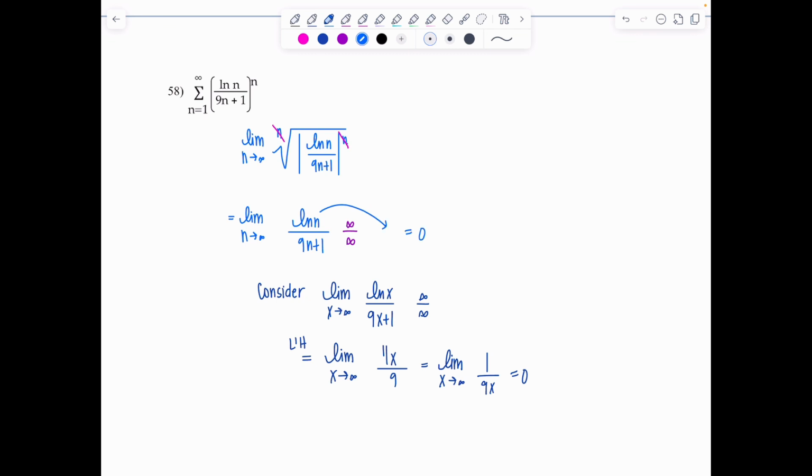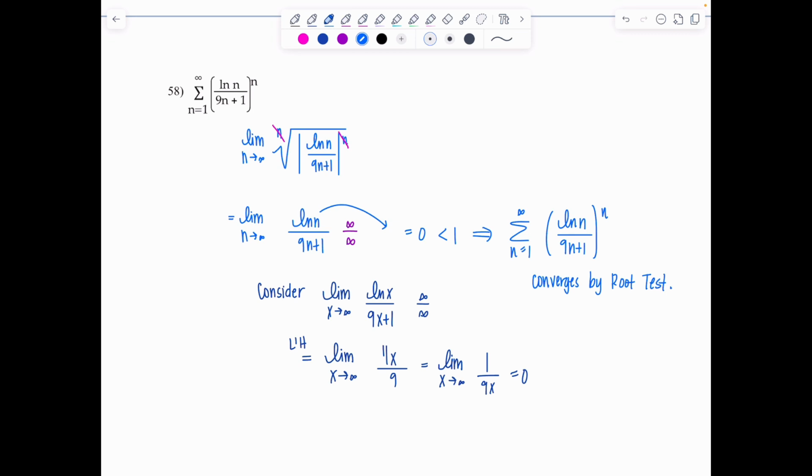And I just applied the root test, so I always compare that limit to 1. 0 is definitely less than 1. And that tells me that the sum, n equals 1 to infinity, of natural log of n over 9n plus 1, to the n, converges by the root test. Good? Okay.